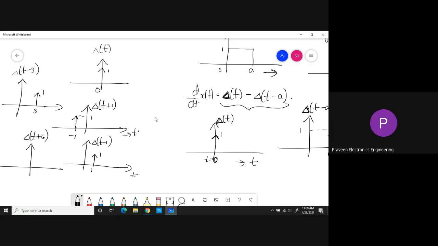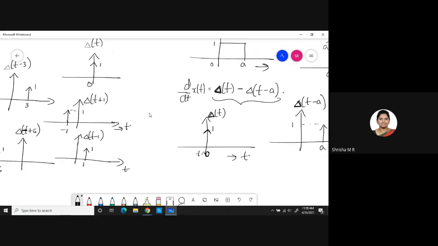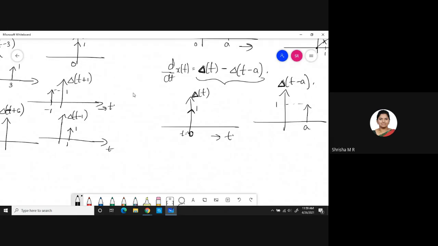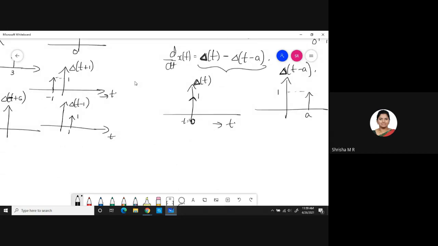At -6 with an amplitude 1. Correct? Similarly, they have given t minus a there. We don't know what a is. This a might be anything. It might be 6, 4, 5 or anything. So delta of t minus a exists at a with an amplitude 1. Got it, everyone?